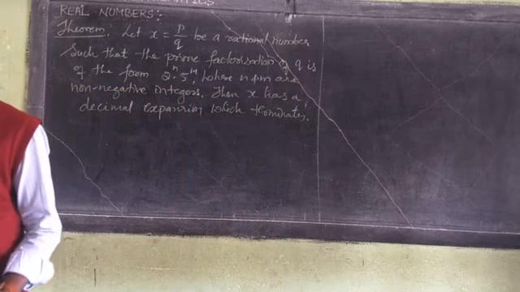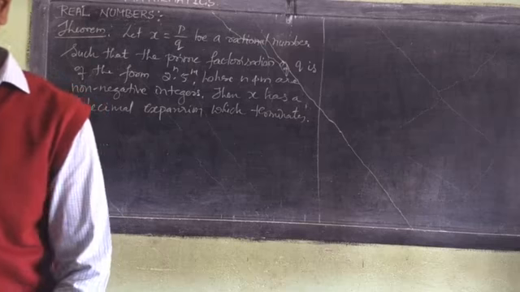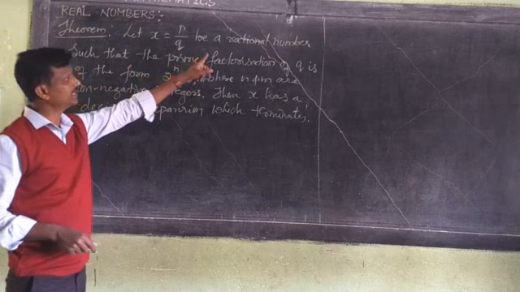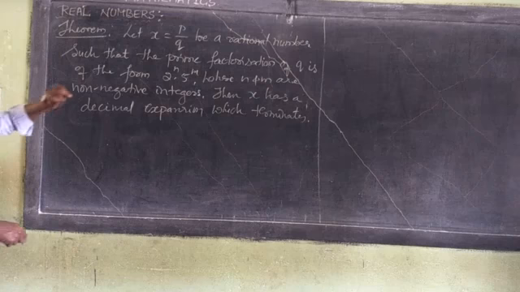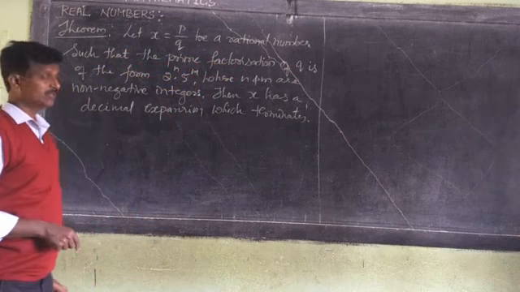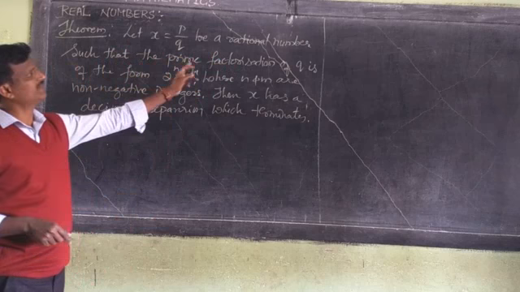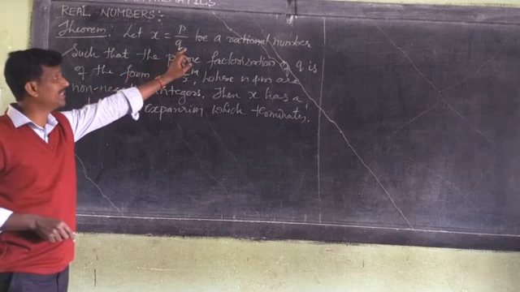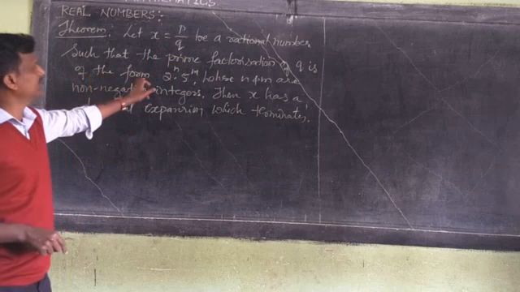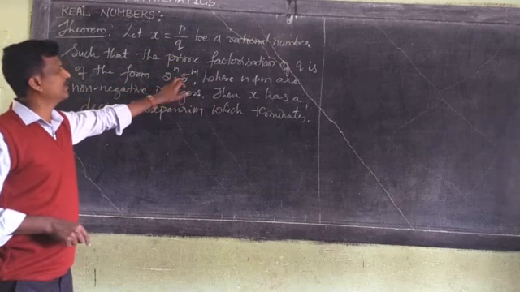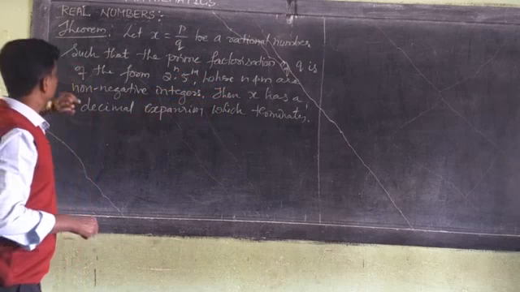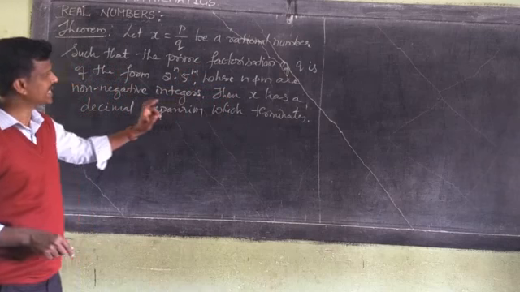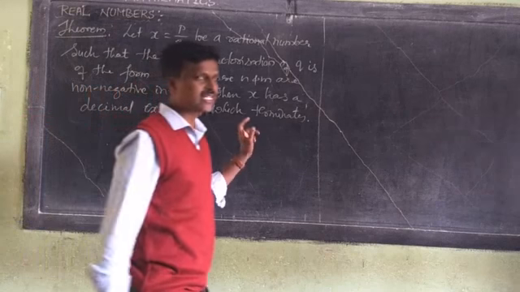We observe here x is equal to p by q, where the denominator is of the form 2 to the power of n, 5 to the power of m, where n and m are non-negative integers. Then x has a decimal expansion that terminates.